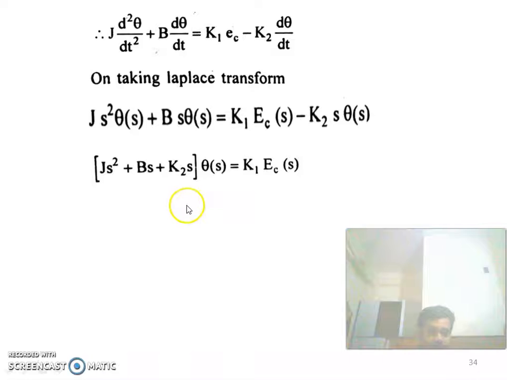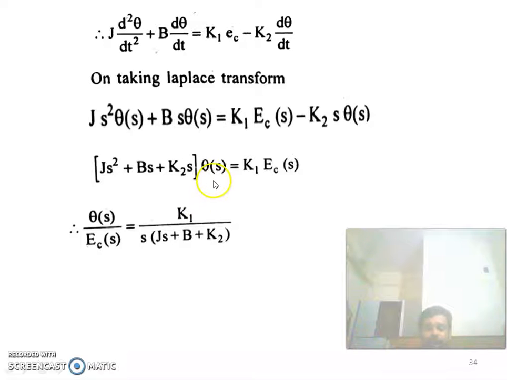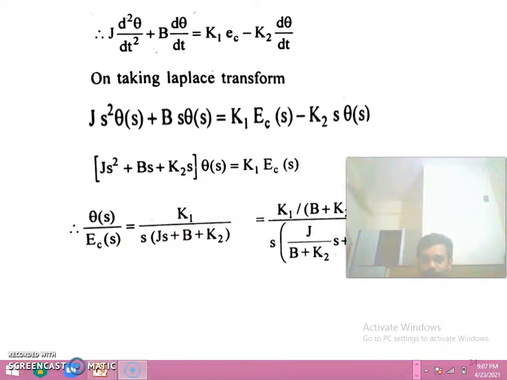So you will be getting J S square plus B S plus K2 S, into theta of S, is equal to K1 into EC of S. So theta of S divided by EC of S is equal to K1 divided by S into (J S plus B plus K2).